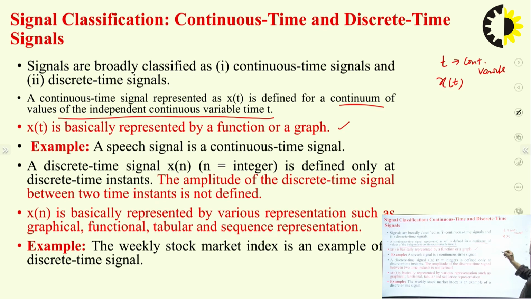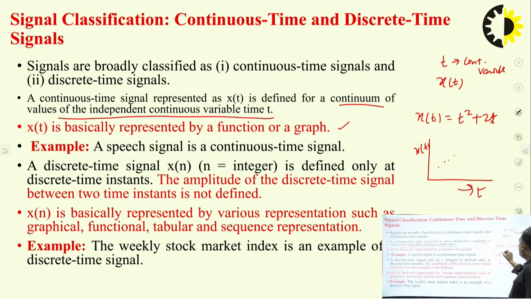For example, we can take x(t) equals t squared plus 2t. If you vary the value of t, you will get the graph for x(t). You plot t values on one axis and x(t) values on the other, and choosing different values of t gives different values of x(t).